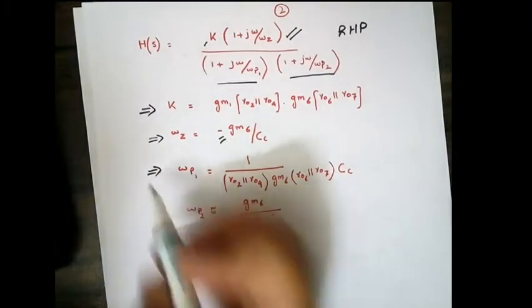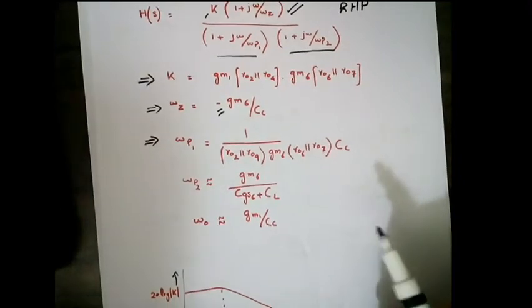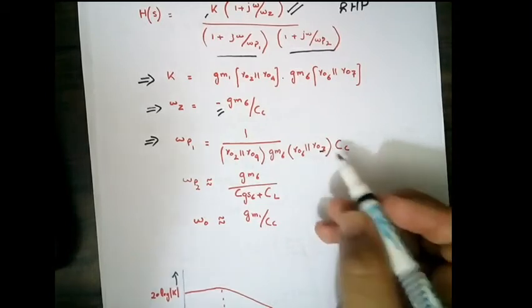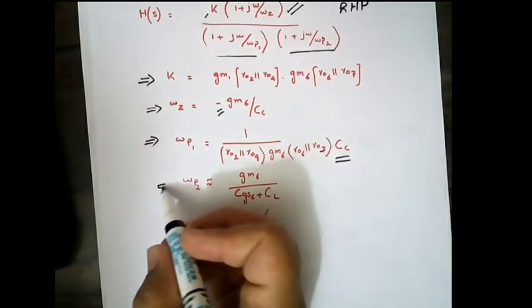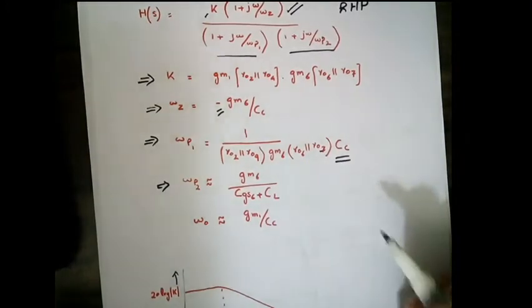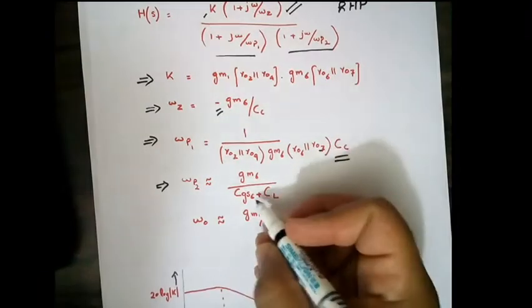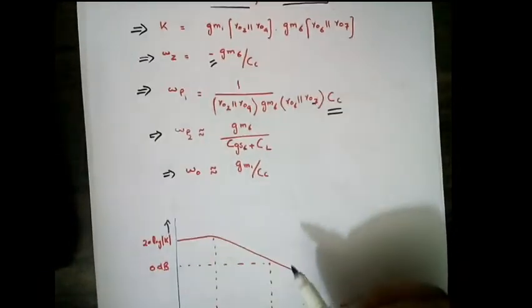Omega p1 is 1 over R02 in parallel with R04 times gm6, R06 in parallel with R07 times Cc. This value was after the addition of the compensation capacitor. Omega p2, after the addition of the compensation capacitor, moves more towards the right hand side, so it becomes gm6 by Cgs6 by CL, and the unity gain or gain crossover frequency was gm1 by Cc.